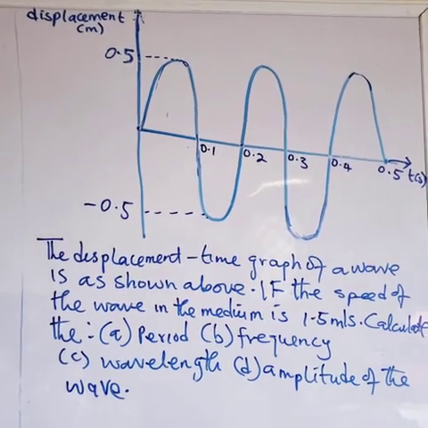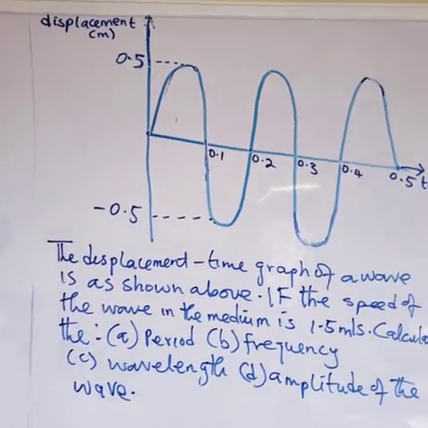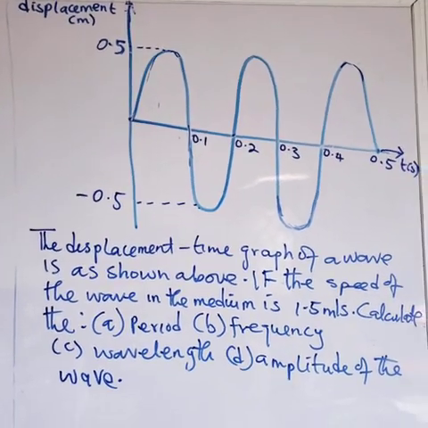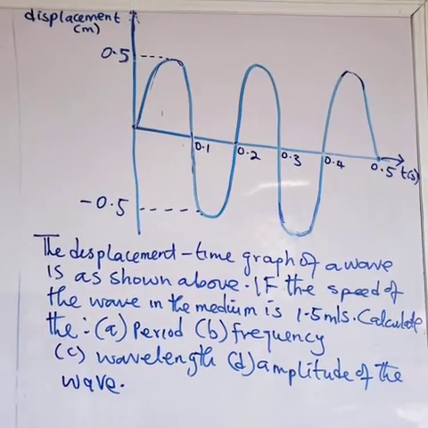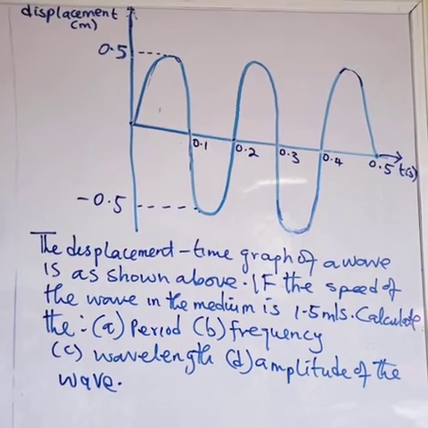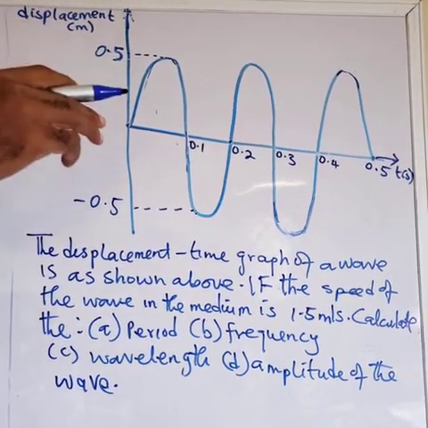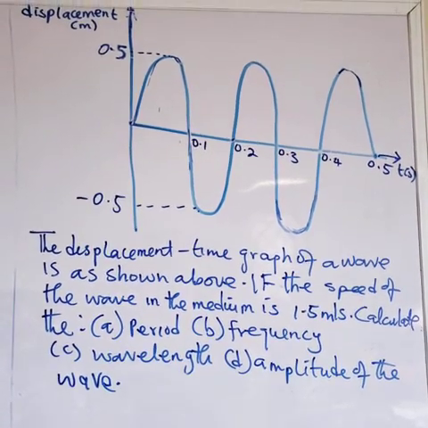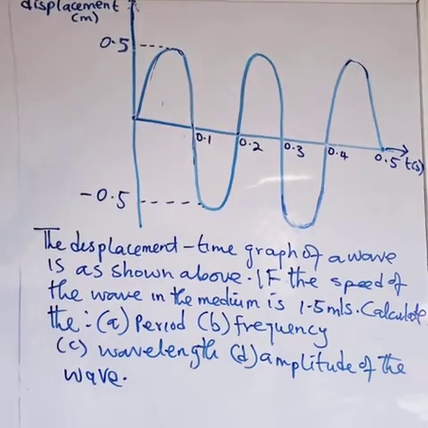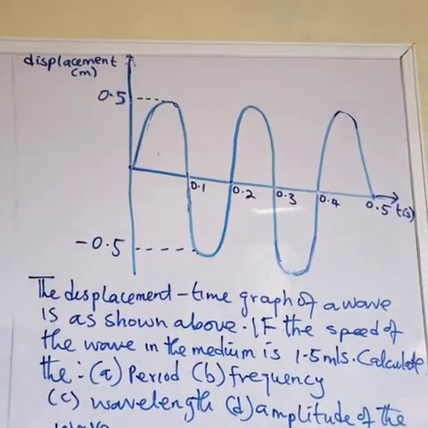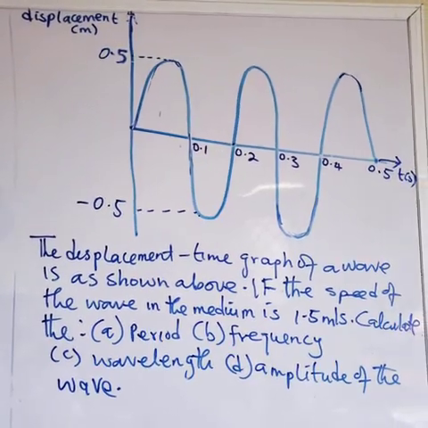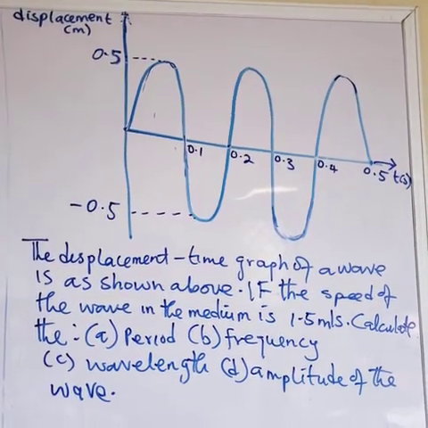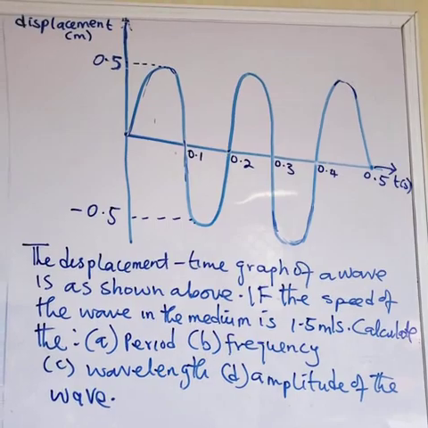Now, I want us to work together on this problem that was brought to me by one of my private learners. I said, okay, I'm going to share the idea on how we solve this problem with everyone. So now let's look at this. This is a displacement-time graph of a wave. This is the exact drawing given in the question, and we are asked to find some values.